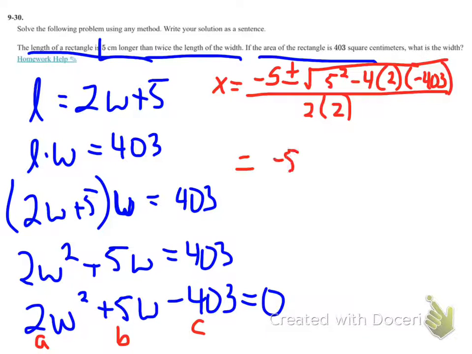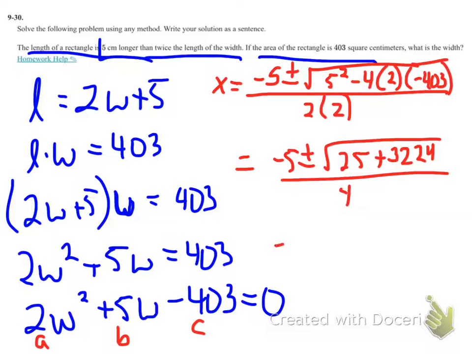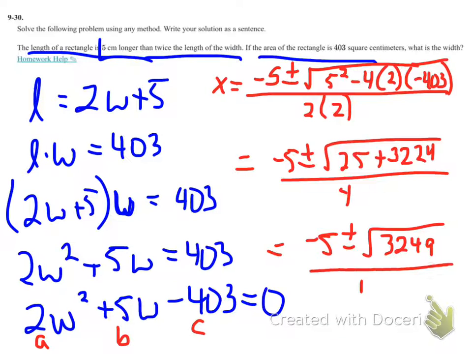Simplifying that, I get negative 5 plus or minus the square root of 25 plus, multiplying all that other stuff together, I get 3,224. That gives me negative 5 plus or minus the square root of 3,249 over 4.